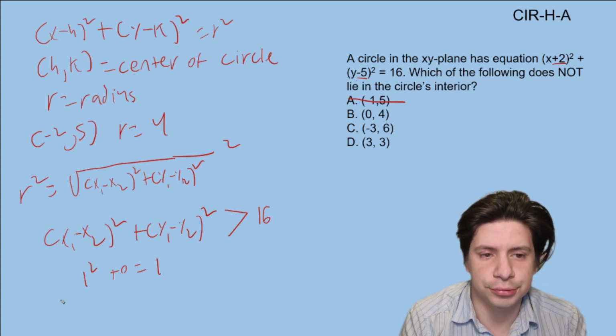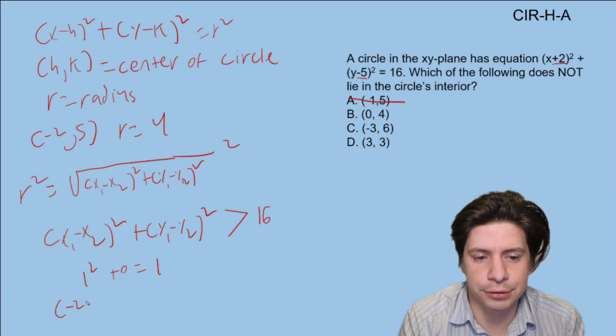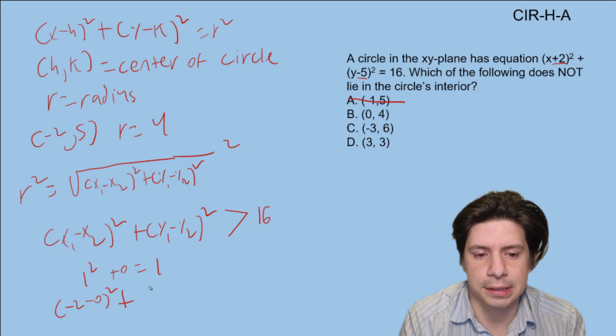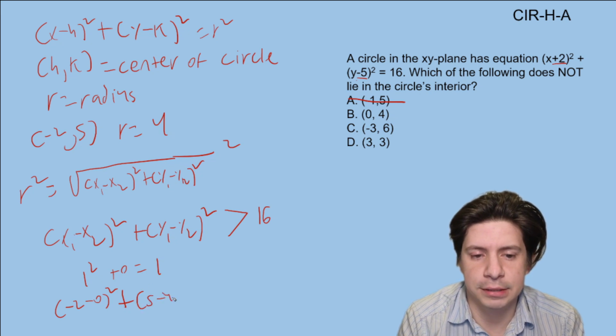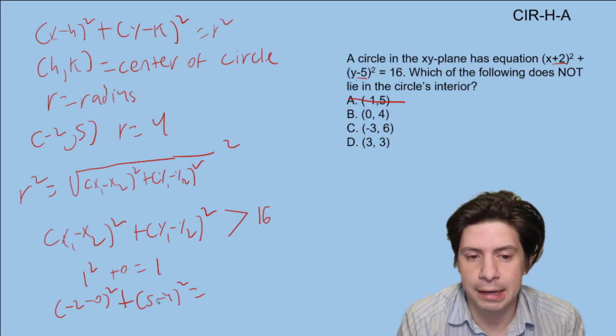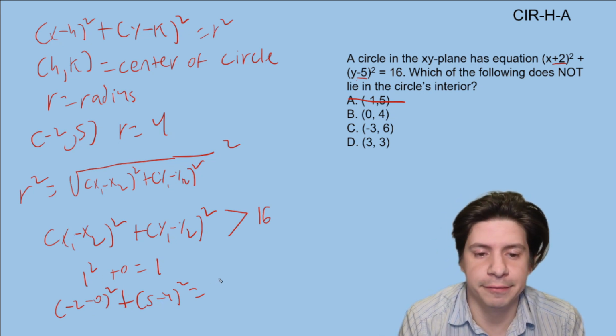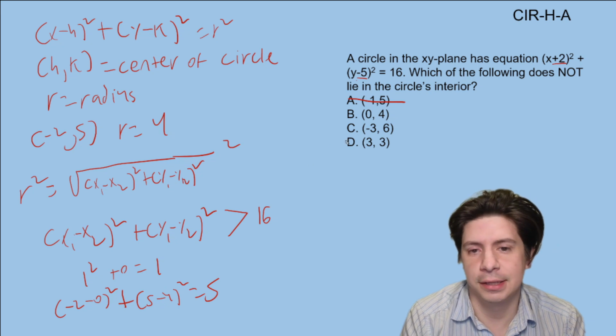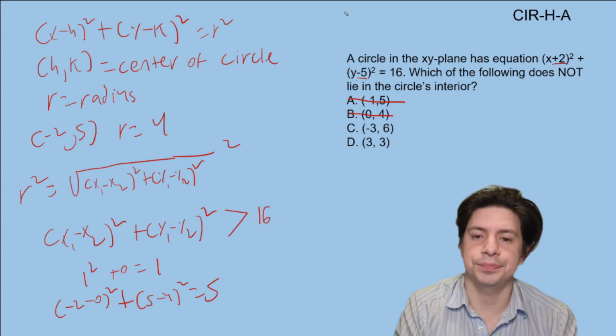So we would do negative 2 minus 0 squared plus 5 minus 4 squared, and that's going to get us 2 squared, which is 4, plus 1 squared, which is 1, so that's going to be 5. Again, that's not it, so we're going to eliminate B.